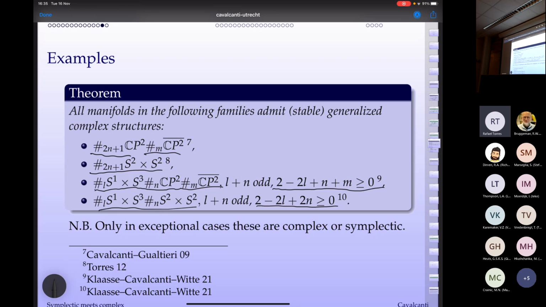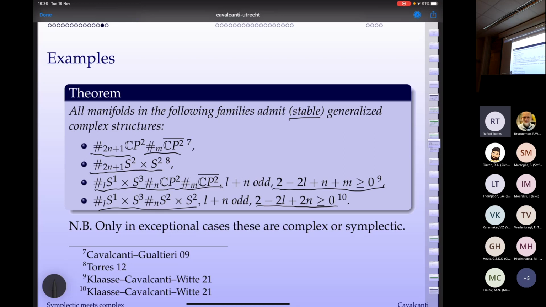It's not clear to me at the moment if this is something inherent, that you cannot produce examples with negative Euler characteristic. And this would be of a specific type, stable, because you do have examples of negative Euler characteristic which are not stable. So the second condition, a non-negative Euler characteristic, seems to be a feature of the construction, how these spaces were obtained, instead of a generalized complex thing in itself, but we do not know.